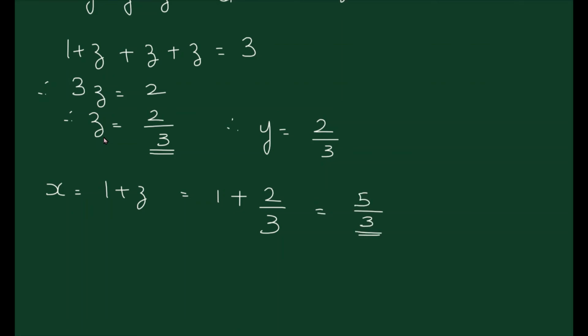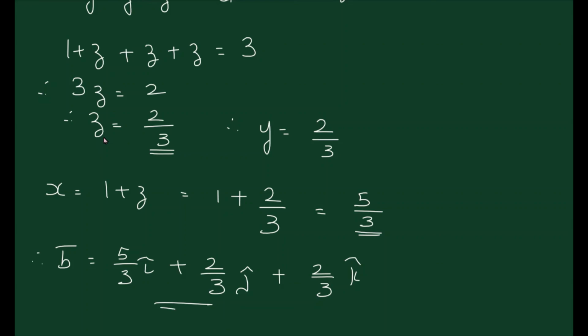Thus we get the values for X, Y and Z. And therefore B bar, which is Xi plus Yj plus Zk, which we have to find out, becomes 5 upon 3 i plus 2 upon 3 j plus 2 upon 3 k. So this is the required vector. You can even take 1 upon 3 common and write the answer, or this can be your final answer as well. So we have completed.